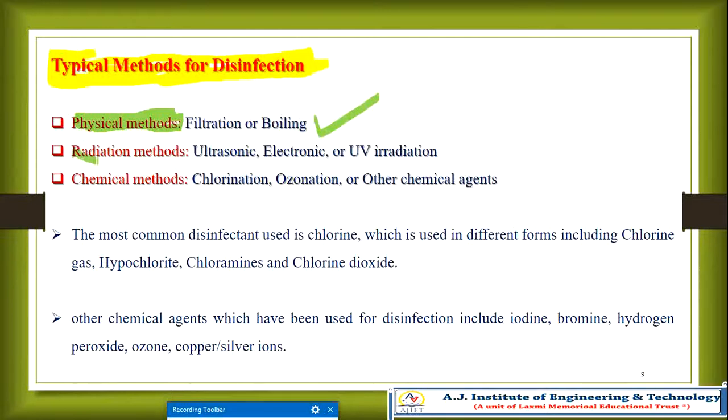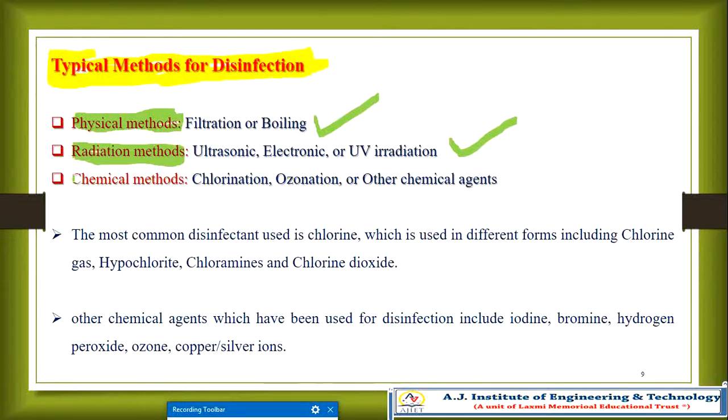If you boil, disease-causing bacteria can be removed, so disinfection happens. Filtration is also a process. Then ultrasonic, electronic or UV radiation.